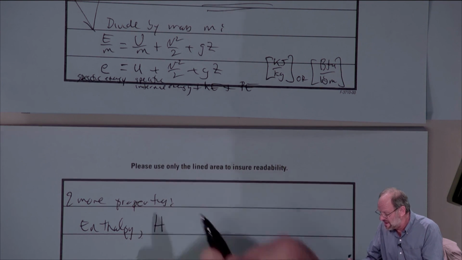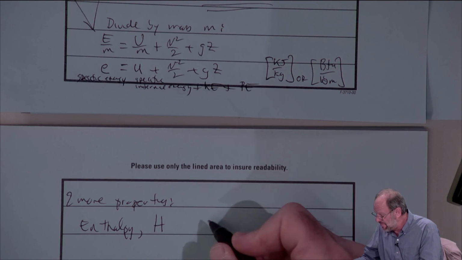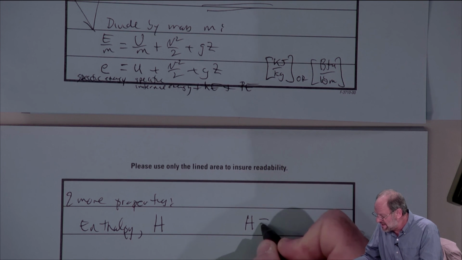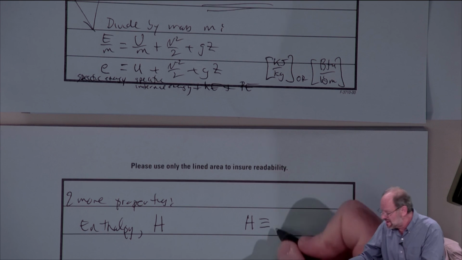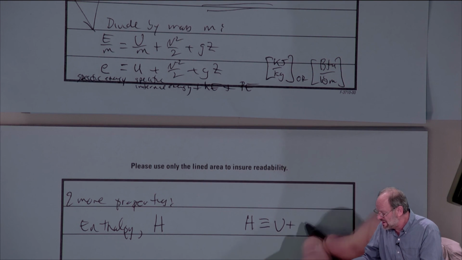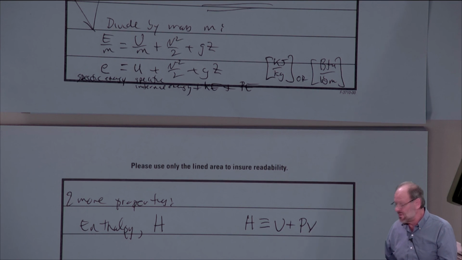And the enthalpy is given just a capital letter H. And by definition, enthalpy is actually a combination of other thermodynamic properties. It's just the internal energy plus pressure times volume. So U is a property, P is a property, V is a property.